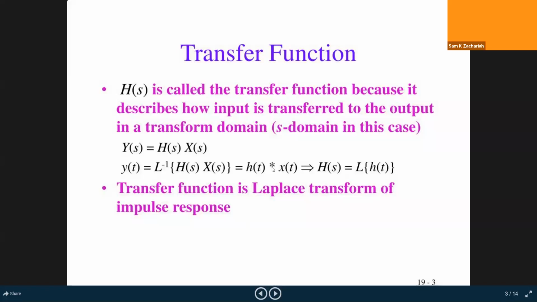Now the convolution is an integration operation. Symbol-wise it is simple, otherwise it is more complicated. But here it is a simple multiplication. That's the beauty of going to the S domain.